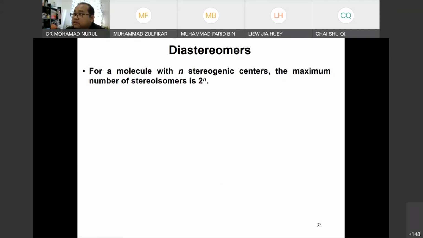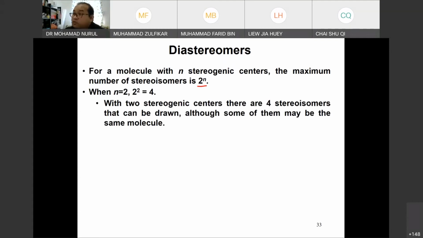So if there are 2 stereogenic centers, 2 squared is 4. With 2 stereogenic centers, there are 4 stereoisomers that can be drawn. Although some of them may be the same molecule, you draw 4 stereoisomers, but you have to cross-check whether they are the same molecule or not. We will do exercises about this, so don't worry.